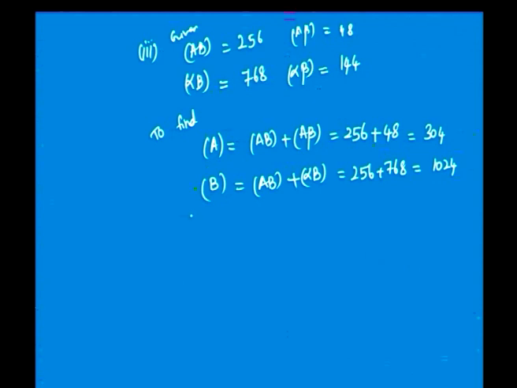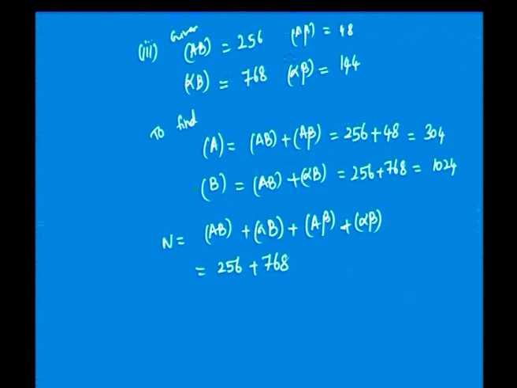Now, n value, n is equal to AB plus alpha B plus A beta plus alpha beta. Okay. All the values added together, which is equal to 256 plus 768 plus 48 plus 144. Okay. This value is 1216. So, n is equal to 1216.